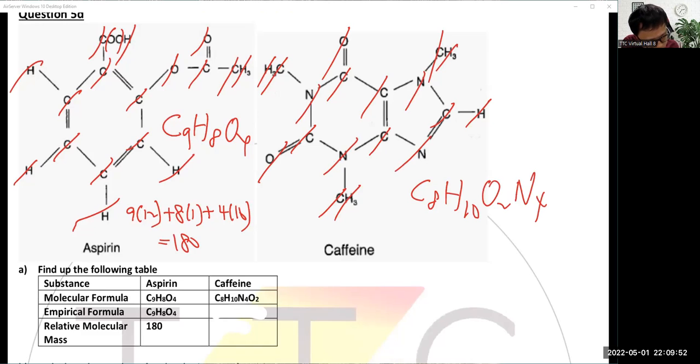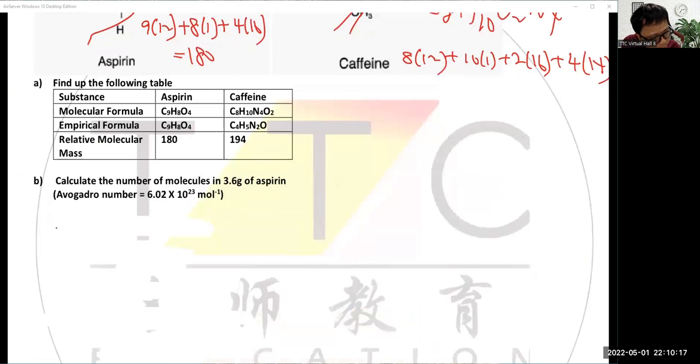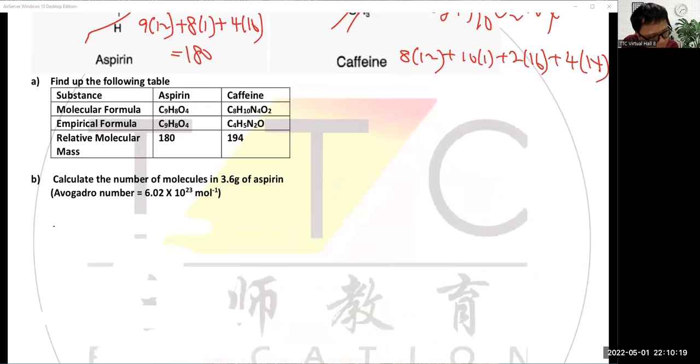Then simplify, divide by 2. Then the molecular mass, you have to follow the original. So 8 times 12 plus 10 times 1 plus 2 times 16. Empirical formula is a simplified version, so you have to simplify it. But it's not an actual mass, it's just a ratio. Then we get 194.